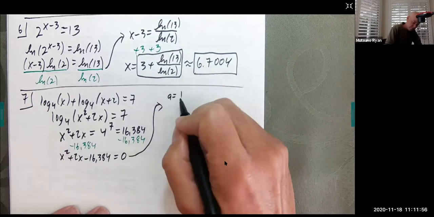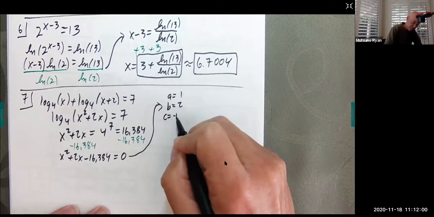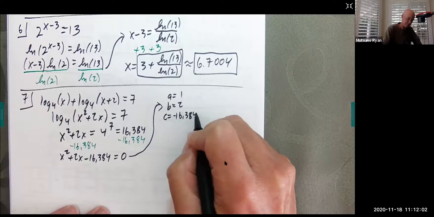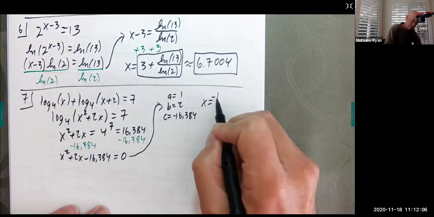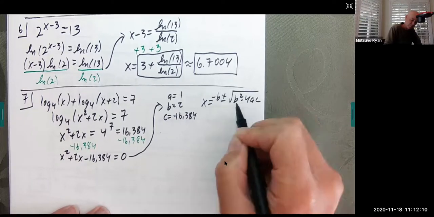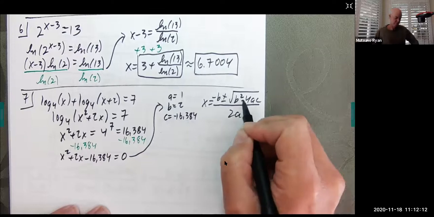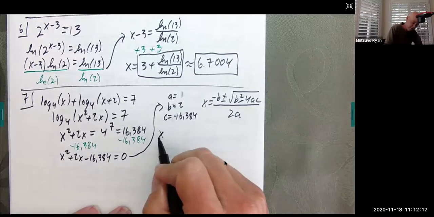A is 1, B is 2, and C is negative 16,384. There's the quadratic formula. I'm going to drop everything in.